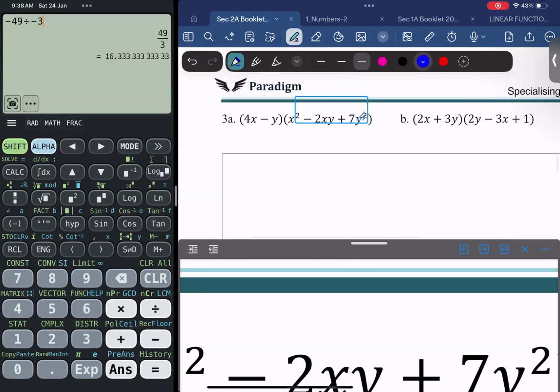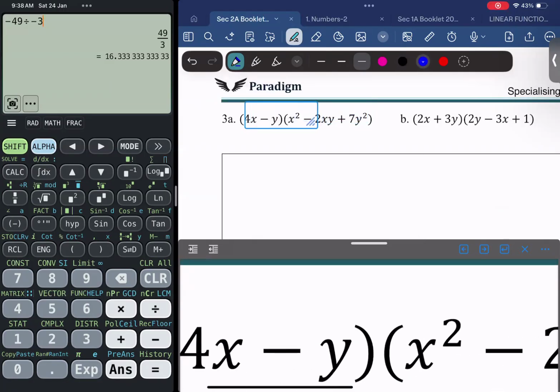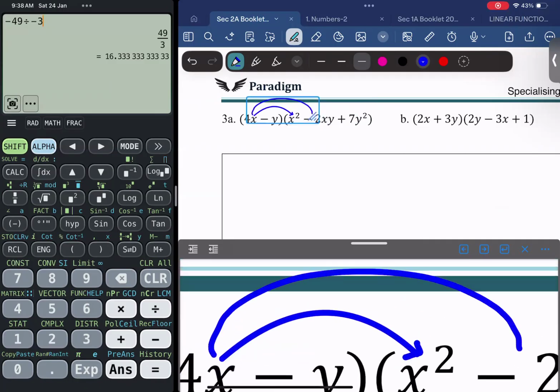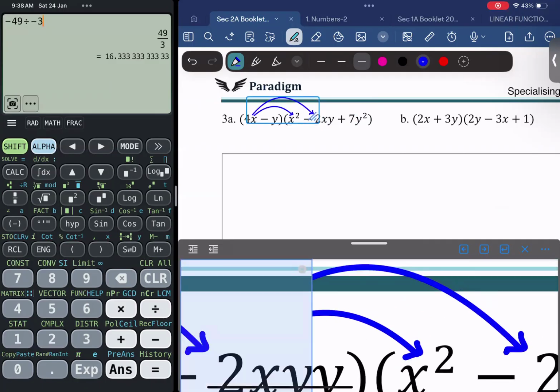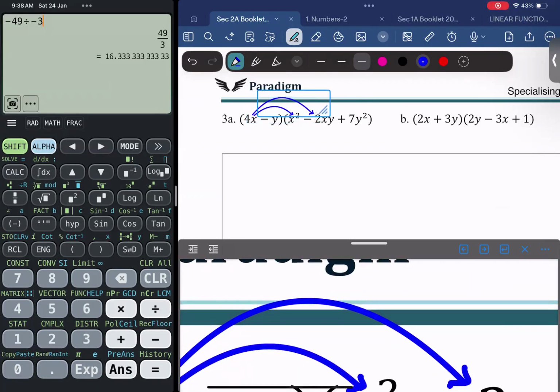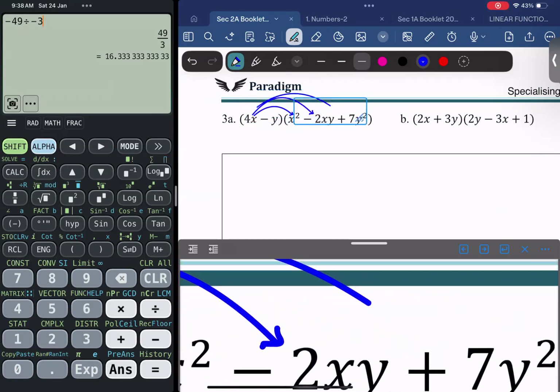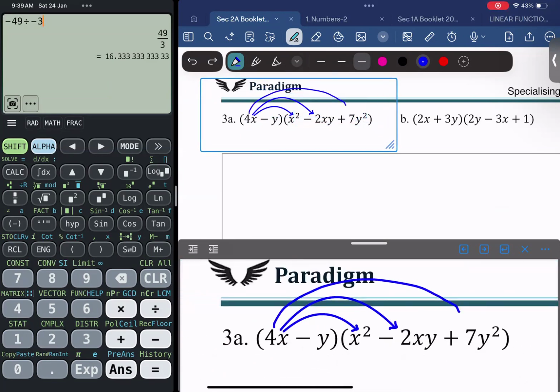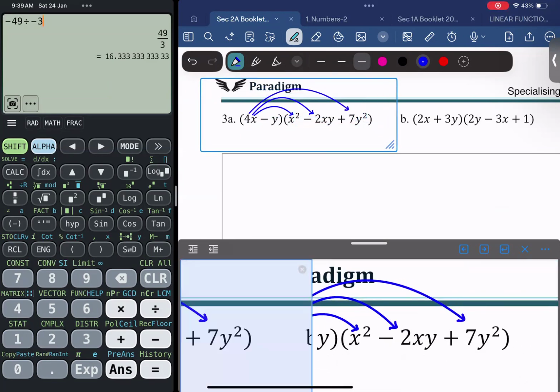Don't need to be scared. 4x multiply in x squared, 4x multiply in negative 2xy, 4x will multiply to 7y squared. It's the same thing, it's just that I added one more rainbow.